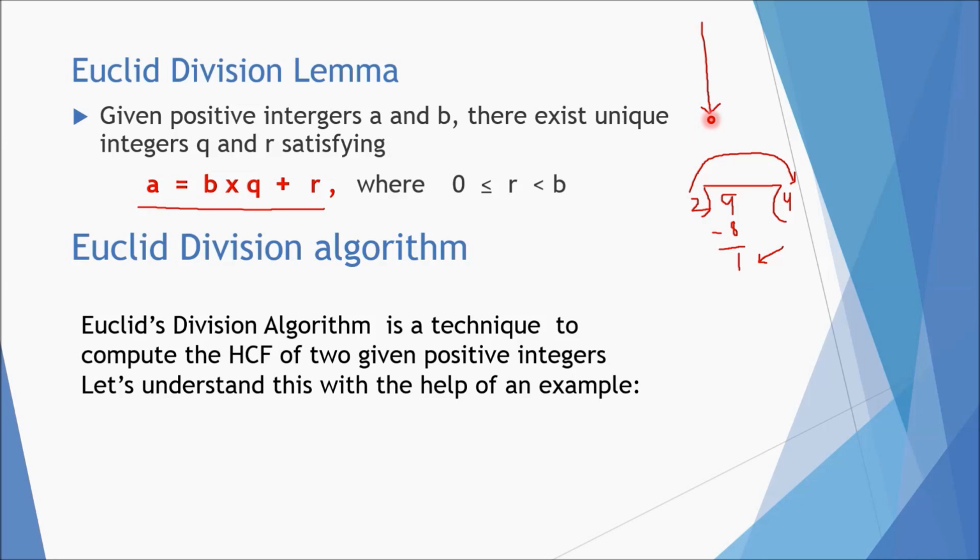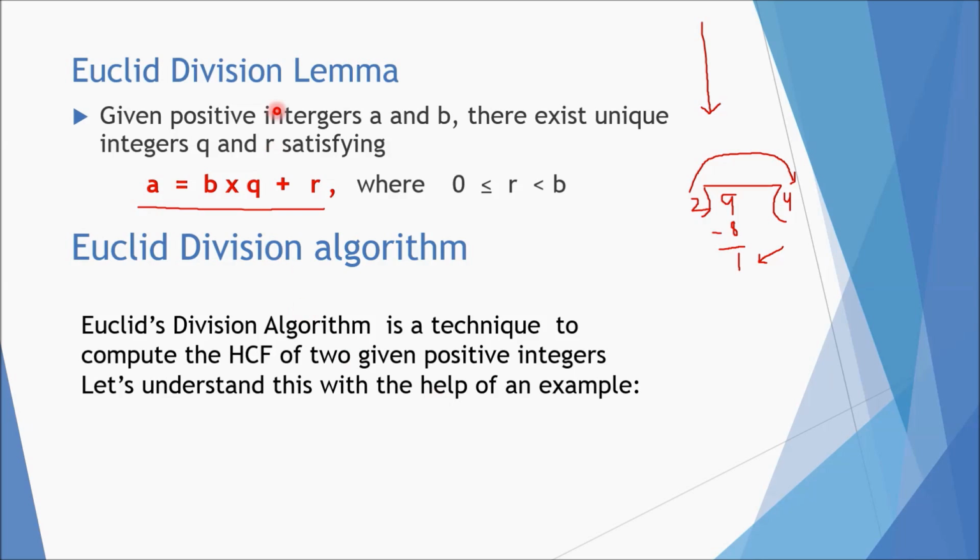Now we will discuss what Euclid's division algorithm is. Euclid's division algorithm is a technique to compute the HCF of two given positive integers. Let us understand this with the help of an example.